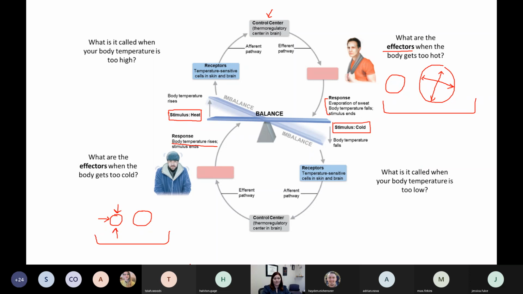Well, here's what I'll mention. In our next lecture, next week when we're in person, we're going to look at another picture that looks a lot like this, but it's going to be talking about the way your body maintains calcium levels. So this particular chart is showing me keeping balance in my body temperature, but I could trade out the balance being temperature and put a balance of calcium.